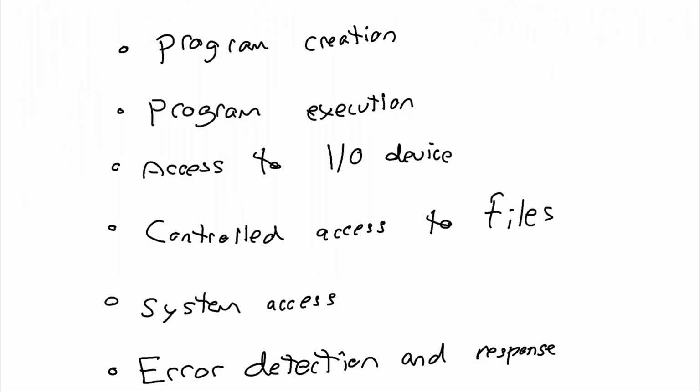The OS is putting up a wall with a security checkpoint, like in an airport. It checks your passport or whatever to make sure you're actually going to fly on a plane. In this case, if you're trying to access the computer, do you have permission to use it?